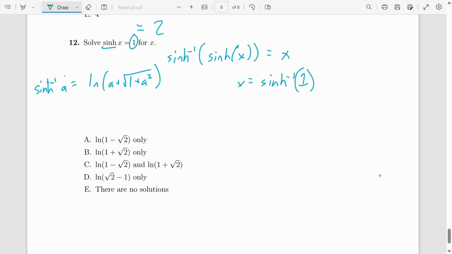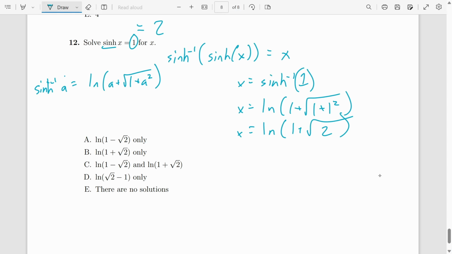It's so weird. So when you plug in 1 for a, you get x equals ln of 1 plus the square root of 1 plus 1 squared. That equals ln of 1 plus the square root of 2.